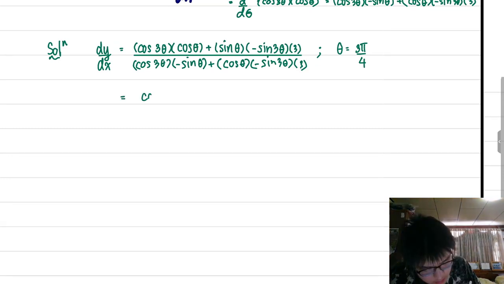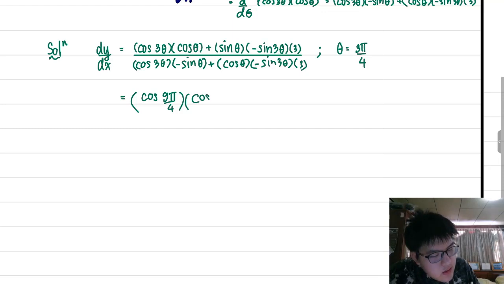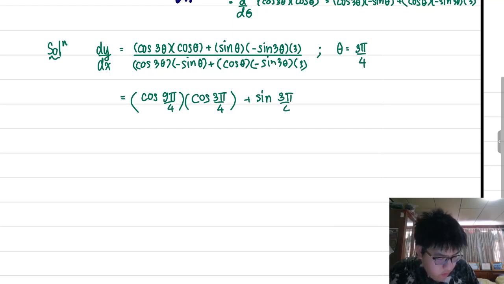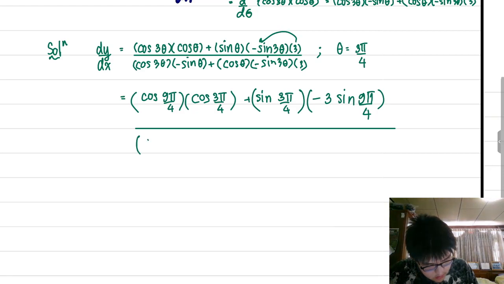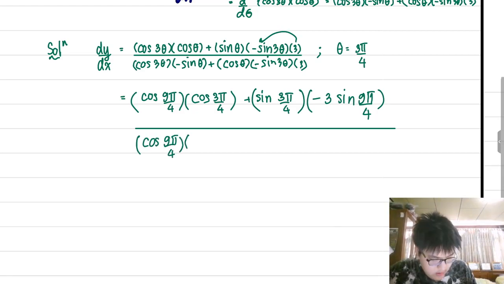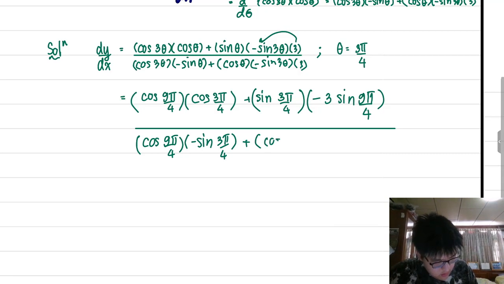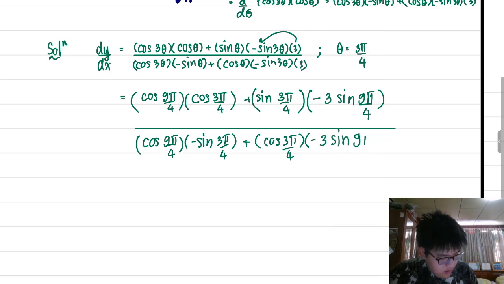You will get cosine of 3 multiplied by 3 pi over 4, which is 9 pi over 4, times cosine pi over 4, plus sine pi over 4, negative 3 sine 9 pi over 4, divided by cosine 9 pi over 4 times negative sine pi over 4 plus cosine pi over 4 times sine 9 pi over 4.